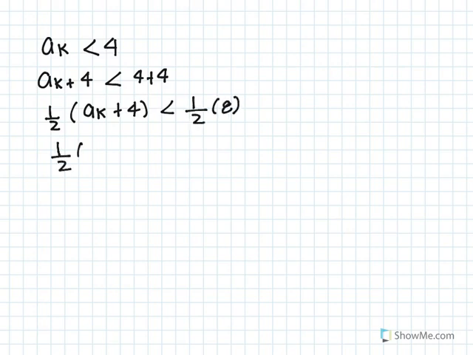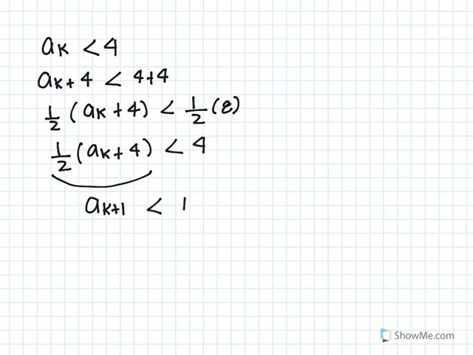So 1/2 of (a_k plus 4) is less than 4. But this is a_(k+1) by definition, the recurrence relationship that we have. a_(k+1), therefore, is less than 4. So that means a_n less than 4 holds for n equals k plus 1.